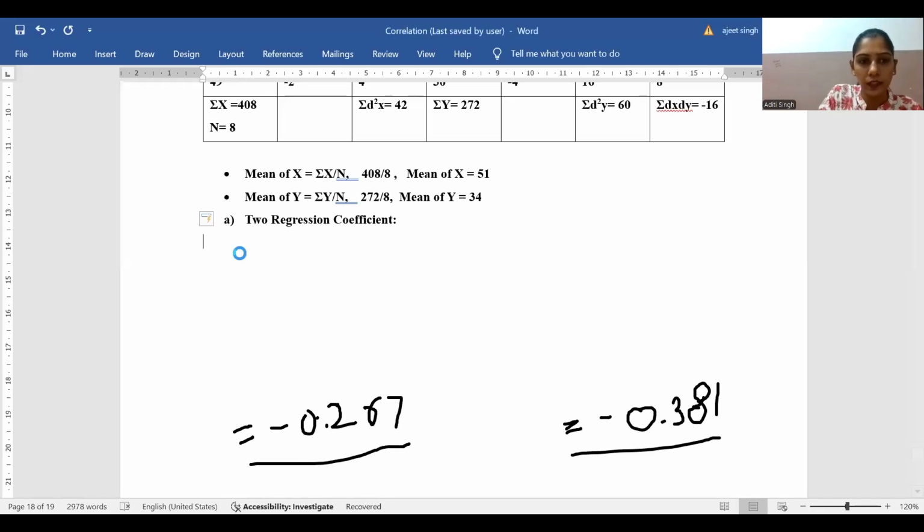So we can write here bxy is equal to minus 0.267, and byx is equal to minus 0.381. Okay, so we have calculated the first part of this question, the two regression coefficients.